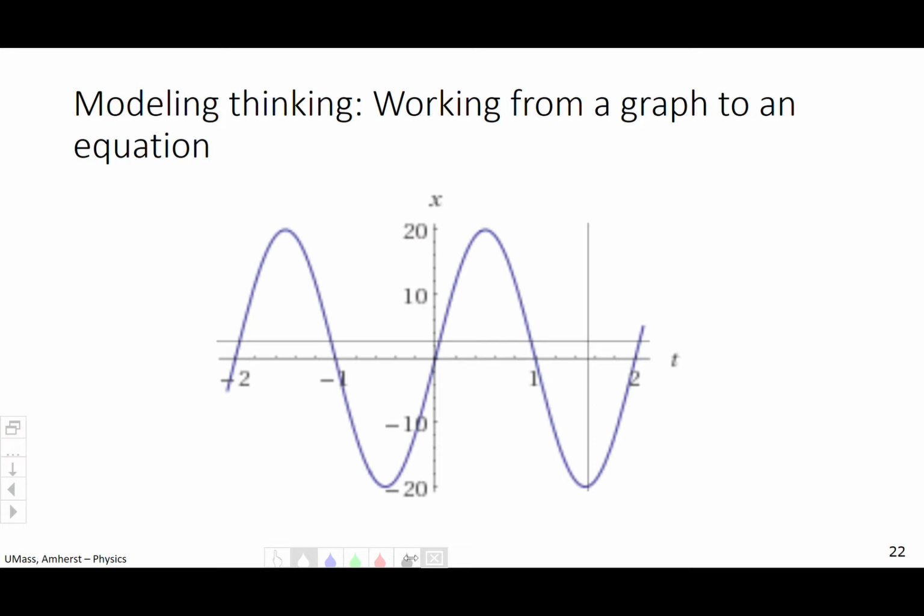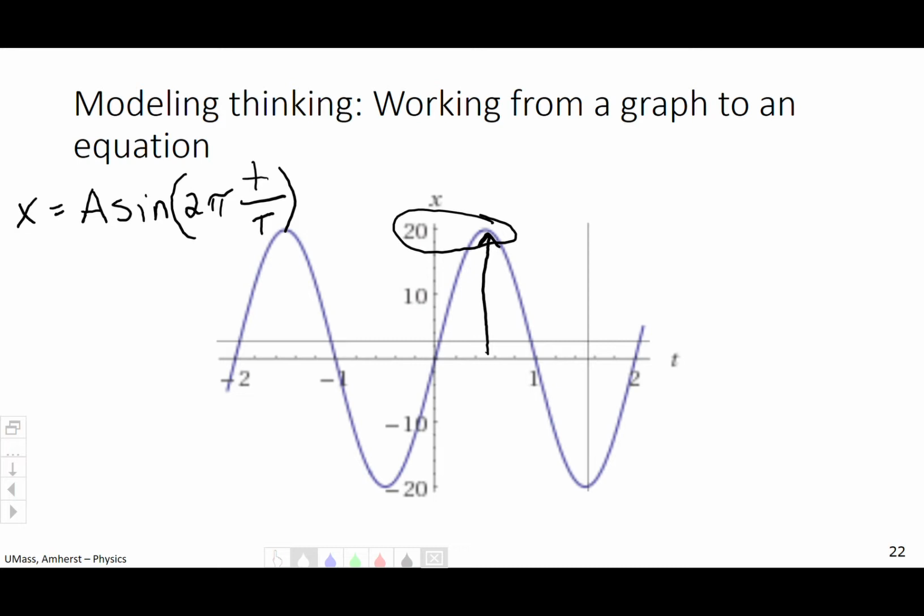So first what we need to know is that we have x equals A sine of 2 pi t over T. We have, first of all, an amplitude of 20. So that means we have x equals 20 sine of 2 pi t over T. And now we need the period.